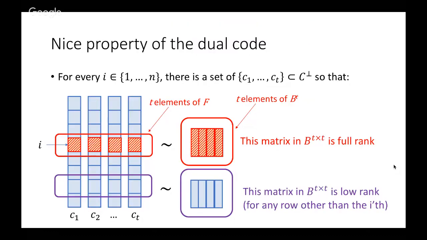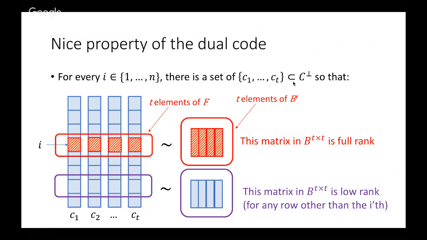Are you saying that every dual code should show this? I'm a little bit confused. So the columns here, what is c1? Yeah, so the quantifiers are: for every i, there exists a set. For every i I can find some t dual code words that have this property. Oh, so that's a code word.